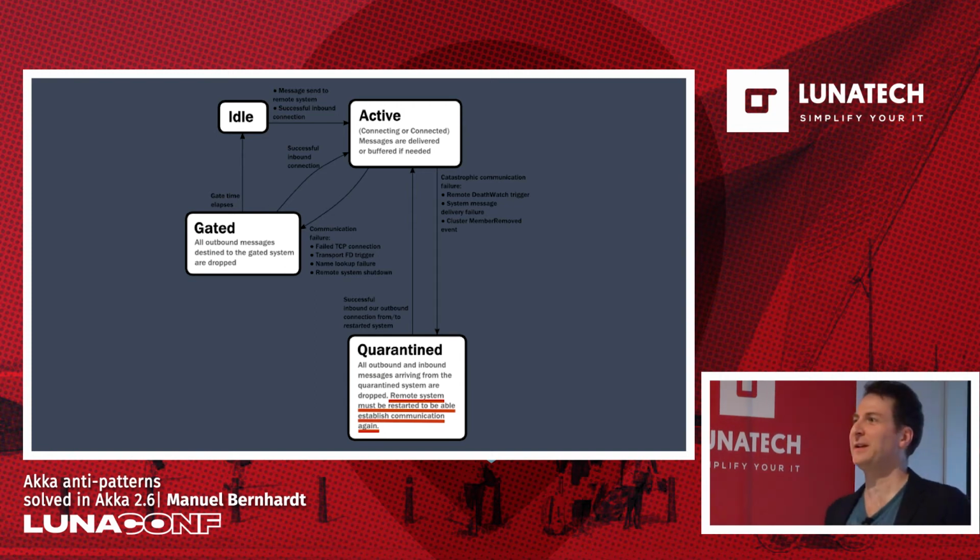People were writing their systems directly on top of Akka remoting. And that's a problem because Akka remote allows you to establish a connection between two nodes. But the moment you do that, and you're entering the realm of distributed systems, there's a lot more to think about than just this one connection, this one link.